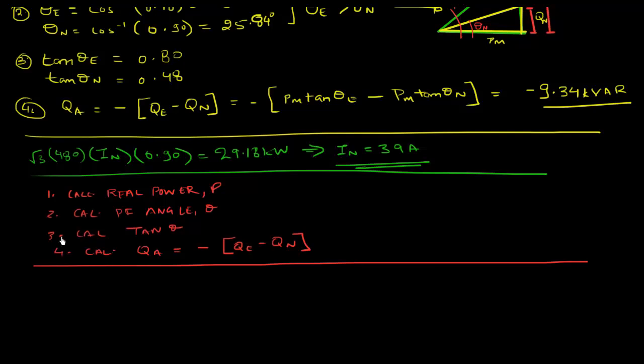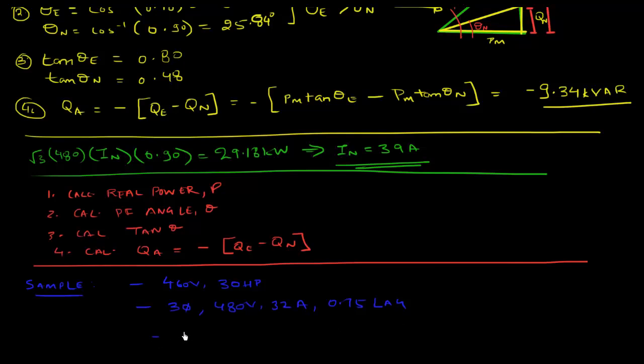I'll give you a sample problem just so you can practice this. Let's say the nameplate is, again, a 460 volt, this time a 30 horsepower motor. The system is a 3-phase system, 480 volts. The current that's being drawn is, let's say, 32 amps, and the existing power factor is 0.75 lagging.